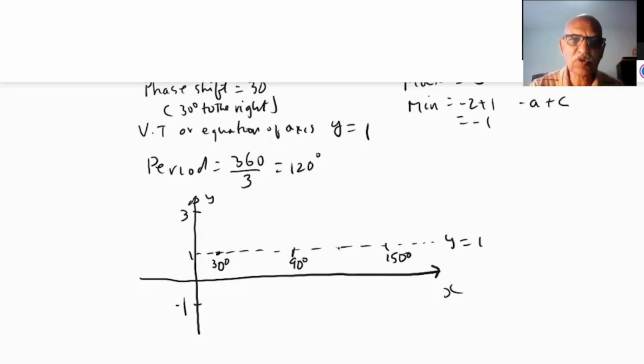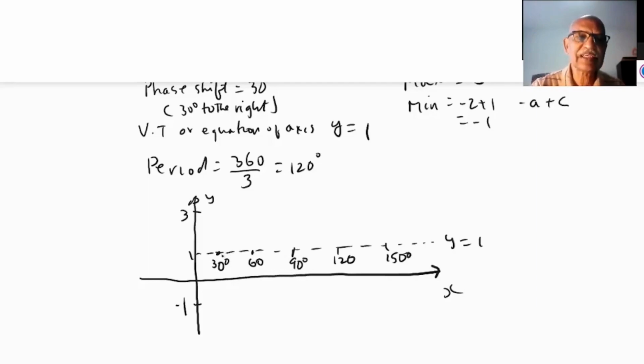So we need 2 more points in the middle. 30 plus 90 is 120, divided by 2 is 60. 90 plus 150 is 240, divided by 2 is 120. So there are 5 points. It's very important to understand the 5-point system.